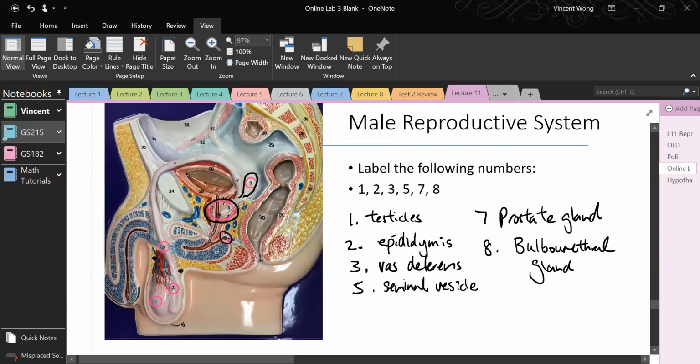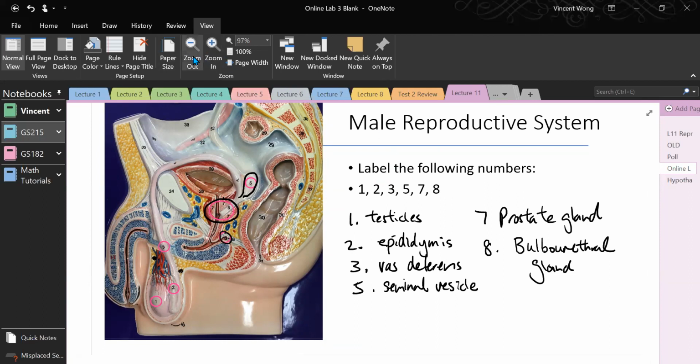This one secretes the basic fluid that flushes the urethra before the actual ejaculation, in case there's remaining urine in there or something, so that the bulbourethral fluid will flush it and make sure it's not going to kill the sperm or anything like that.